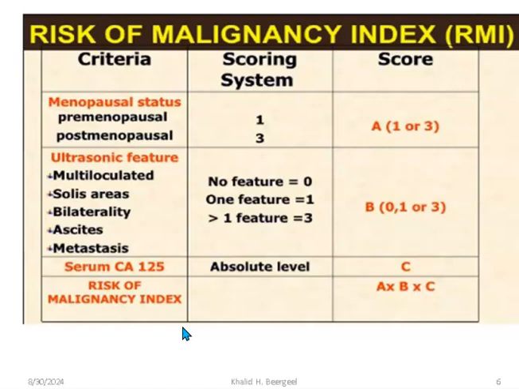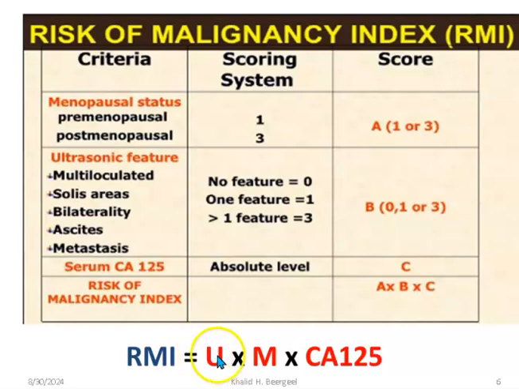One of the easiest things that we can use in our setup is the RMI, risk malignancy index score. This scoring system has 3 components: the ultrasound, menopausal status, and CA125. Menopausal status you will divide into 2, premenopause or postmenopause.